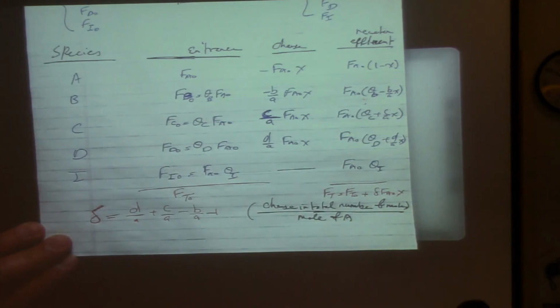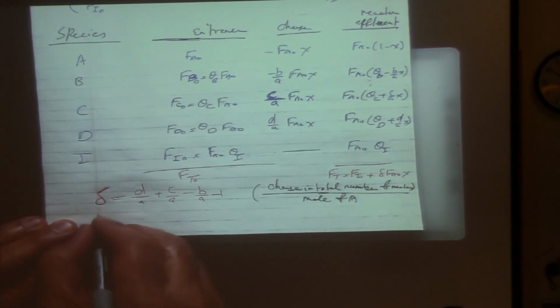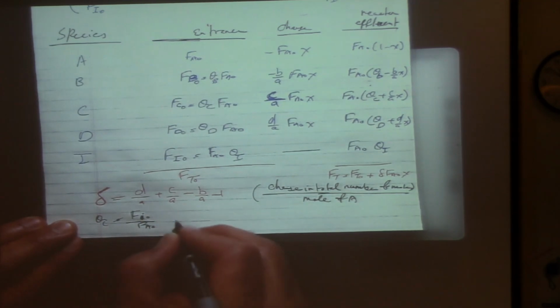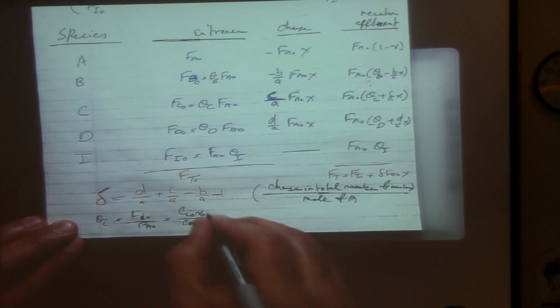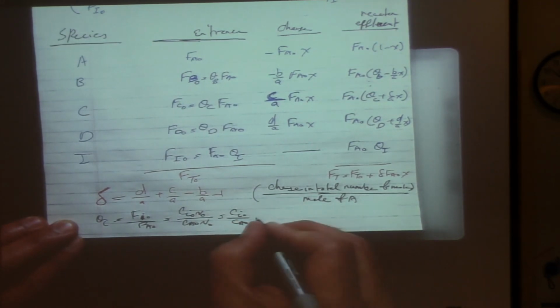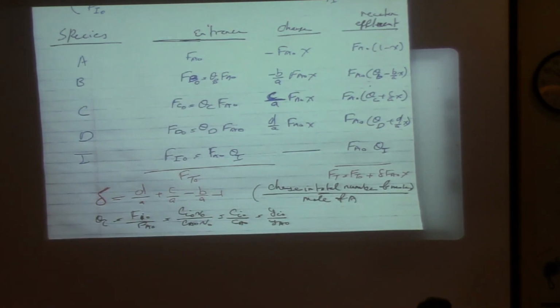And again, these theta things seem a little bit awkward. So theta I is going to be FI0 over FA0, or you can write it based on concentration, CI0 V0 over CA0 V0, or if it is constant volume, CI0 over CA0, and that would be the mole fraction YI0 over YA0.